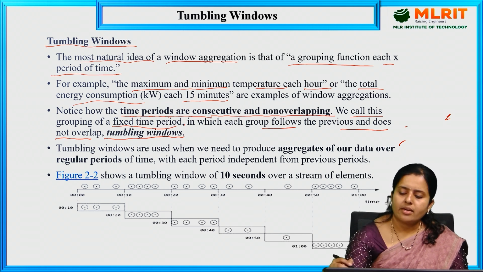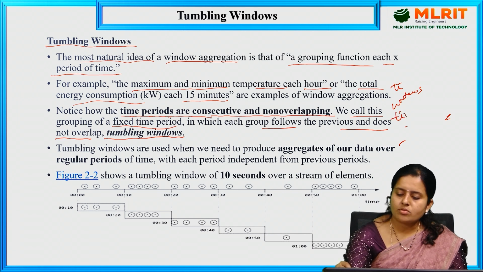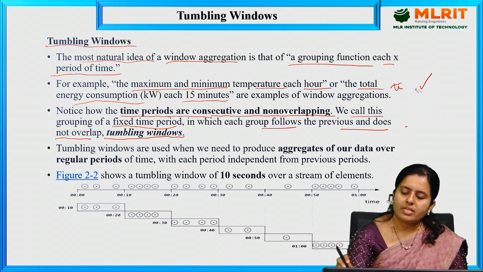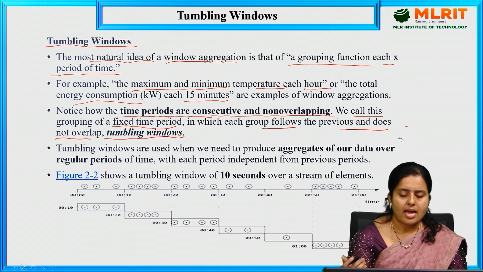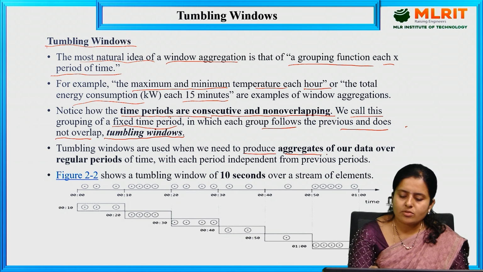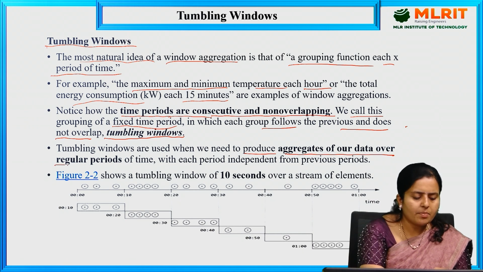When it comes to the tumbling window, windows are individual and the time is also different. There is no overlap between windows as well as time differences. Everything is considered individual. Tumbling windows are used when we need to produce aggregates of our data over a regular period of time.